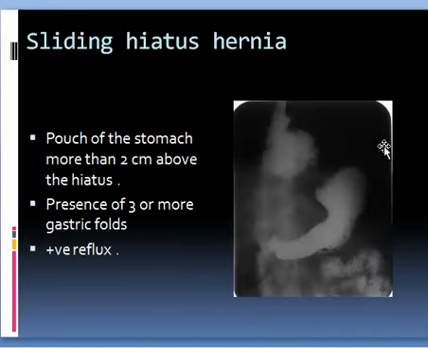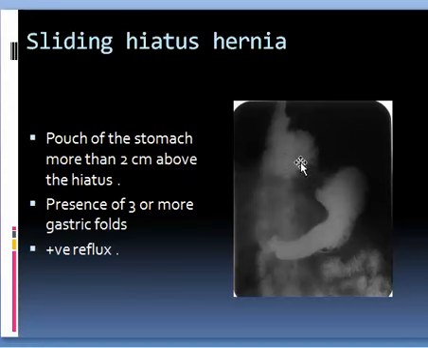Now about the hernias, you know that in this type of hernia part of the fundus is going up, so it is called a sliding hiatal hernia. It is more than 2 centimeters above the hiatus. You can see more than 2 or 3 gastric rugae, and associated free reflux is noted.